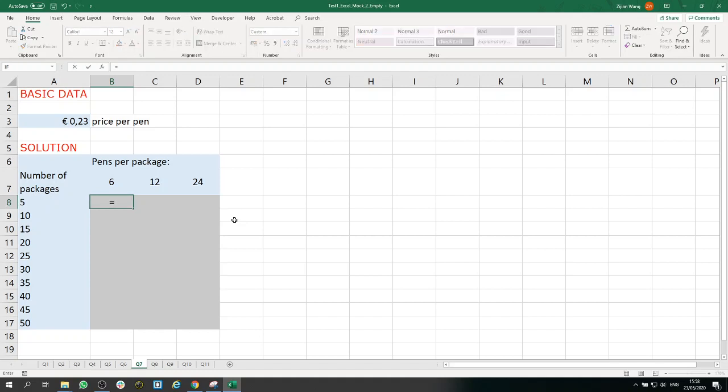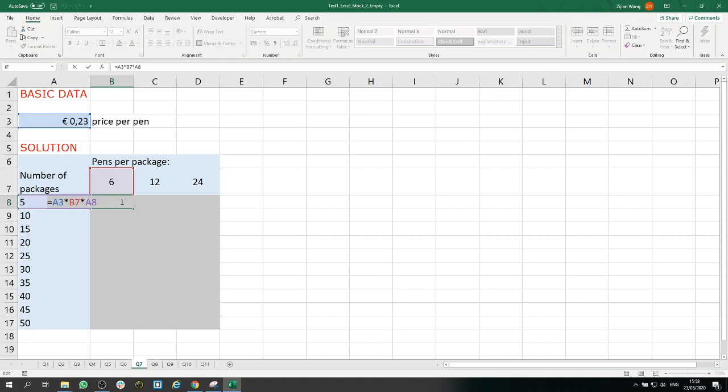So for this one it would be the price per pen times the number of pens per package, and then times the number of packages. So we need to take 3 variables into calculation.